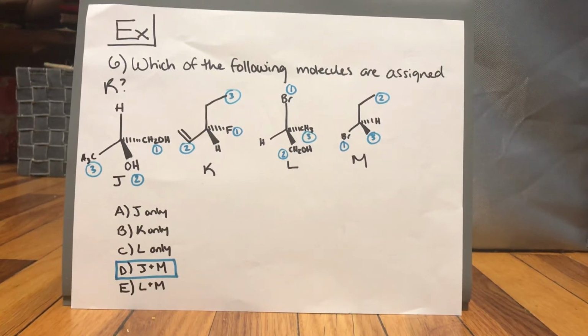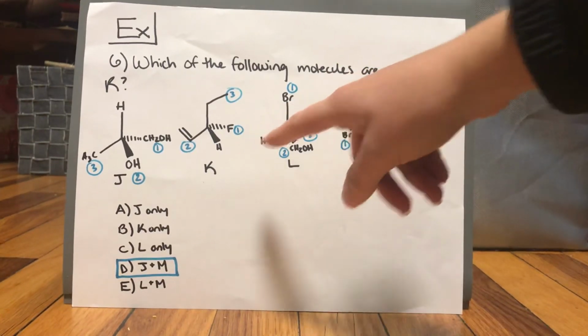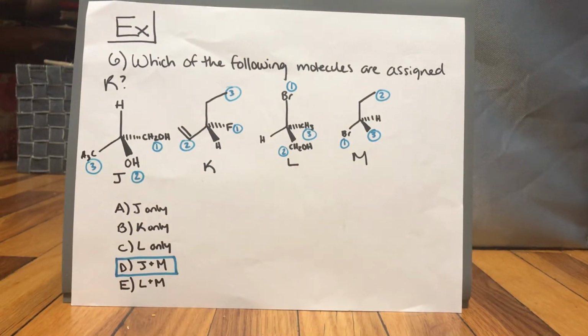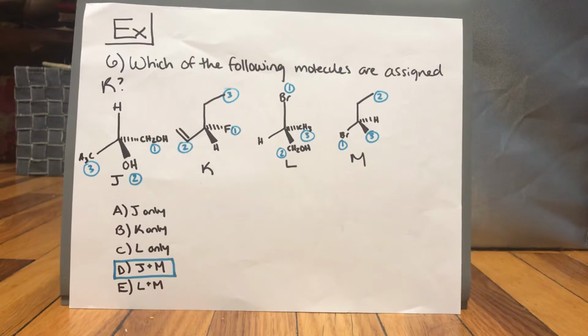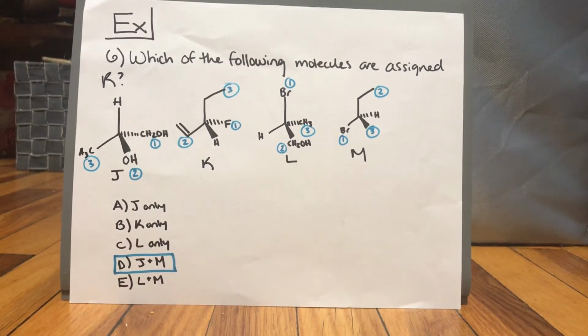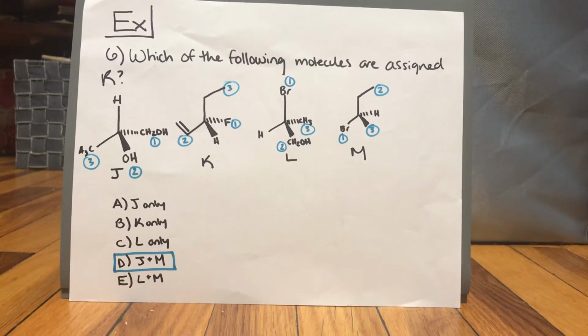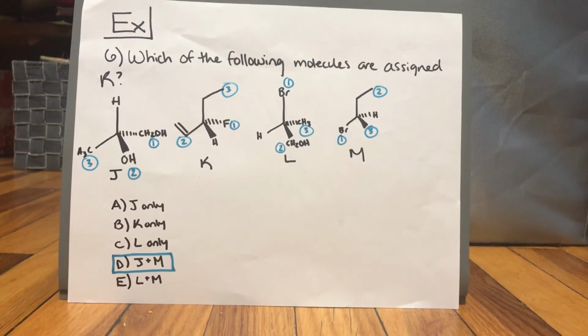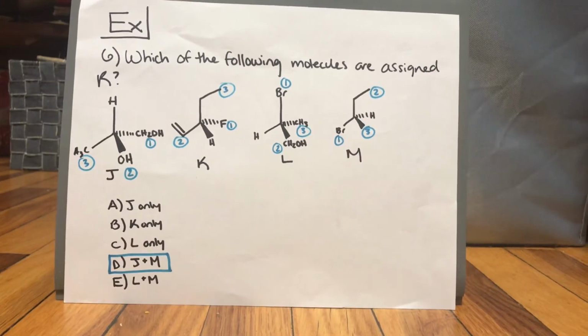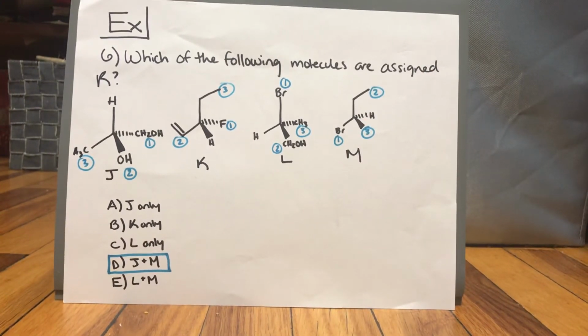The opposite would be K, example K right here, where if we put H in the back and we start with the highest priority group of fluorine, we go from 1 to 2 to 3 in a counterclockwise direction, which would be an S enantiomer. And this is the same for example L right here. This is an S enantiomer as well if we put H in the back.